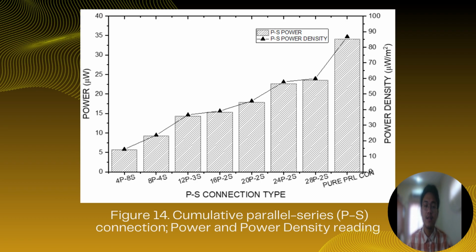This is reflected in that the current generation increases as the connection of MFCs forms a pure parallel connection. The whole trial period suggests that both series parallel and parallel series hybrid connections have their own limitations, strengths, and weaknesses regarding the parameters of voltage, current, and power density generation.